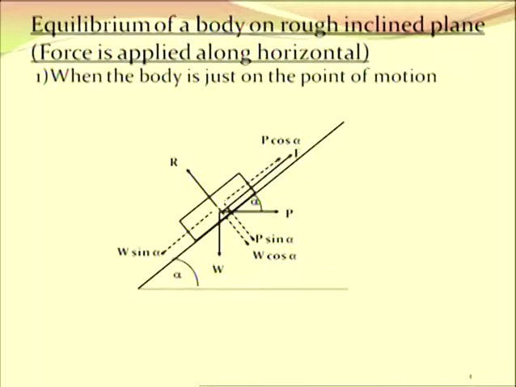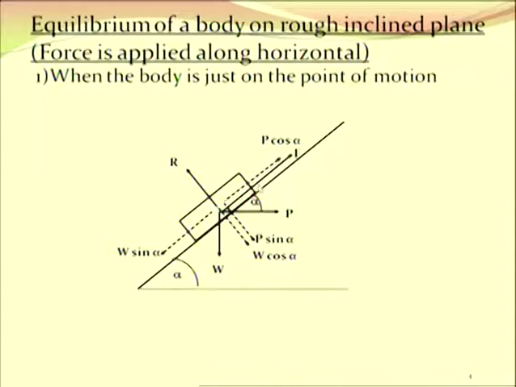Now, as shown in the figure, one block is given on an inclined plane. The block has a weight W. The angle of inclination of this plane is alpha. The normal reaction acting from the surface is R. Weight can be resolved into two parts: one is W cos alpha and the other is W sin alpha.